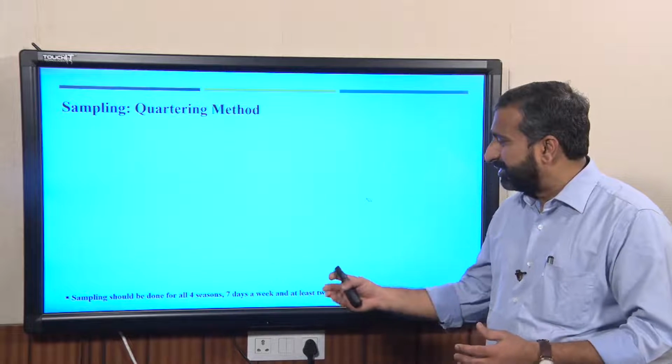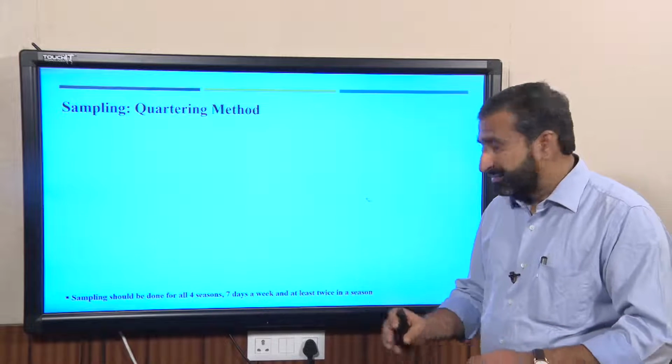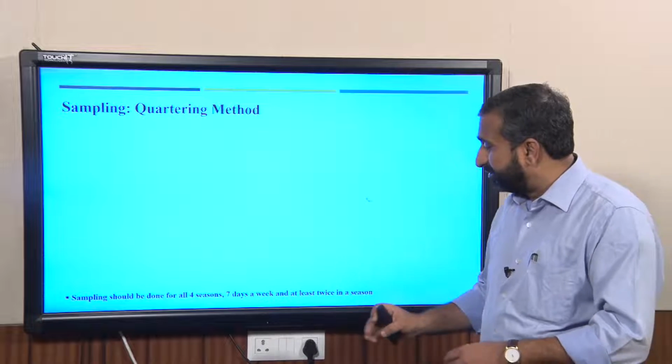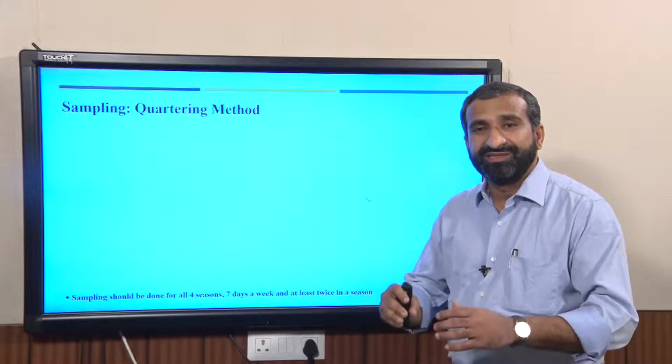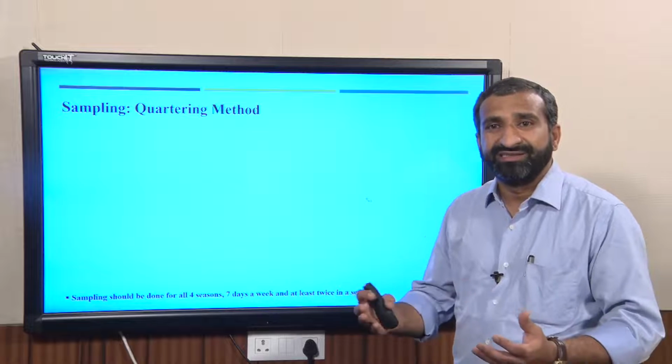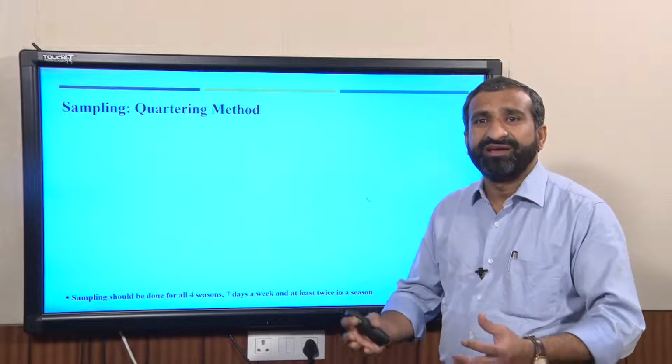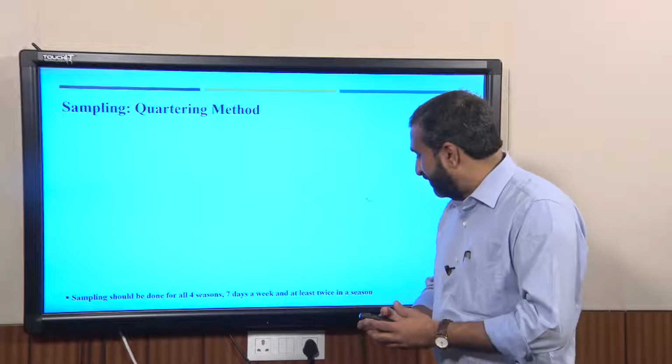Sampling itself is very difficult for solid waste. If you want to understand the different physical or chemical characteristics of solid waste, you need to collect samples from the 4 seasons, and normally over the entire 7 days of a week, because waste is produced differently on weekdays and weekends, and at least twice in a season.